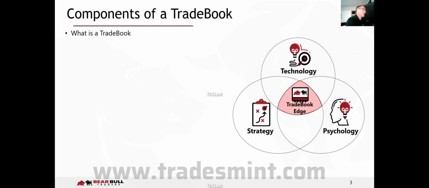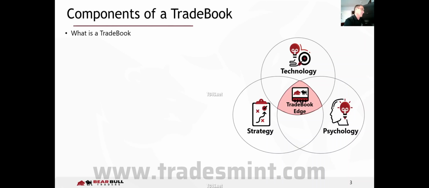Because with a trade book, you can't take somebody else's. You can't take Andrew's trade book, Carlos's trade book, Norm's trade book, John's trade book, grab it, bring it into your computer and say, I'm going to do exactly what they do, because it's not going to work out for you. It's the same as if you try to use your grandmother's or grandfather's recipe, right?